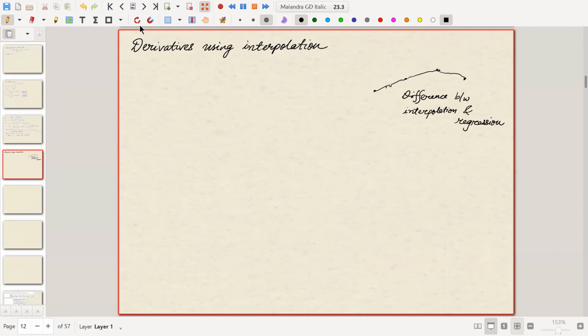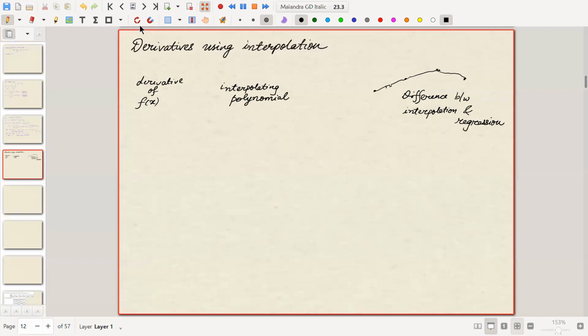So the idea is, we want the derivative of a function f(x), but we don't know the derivative. What we know is the interpolating polynomial, because we are using the method of interpolation.